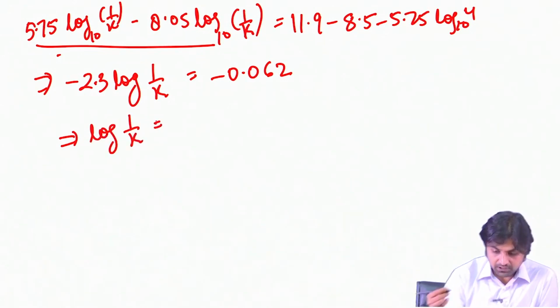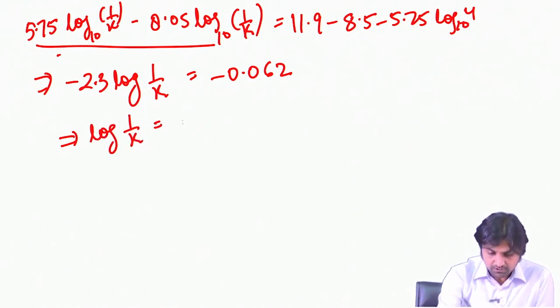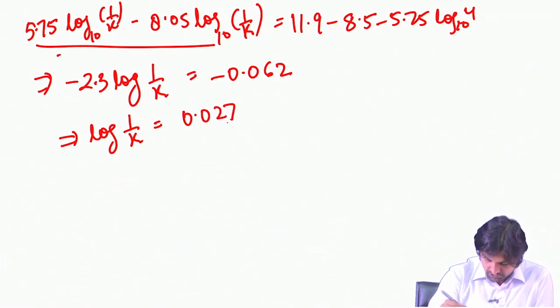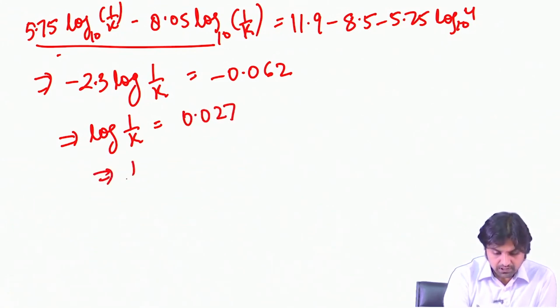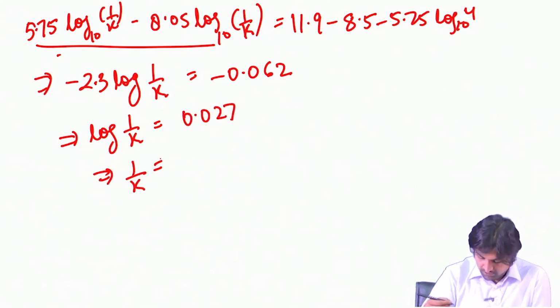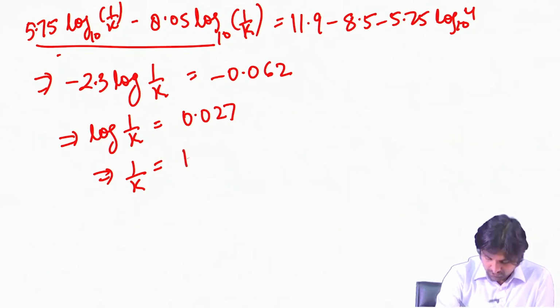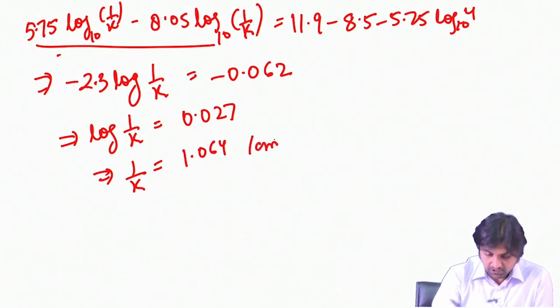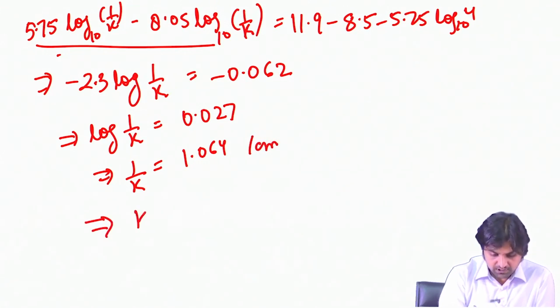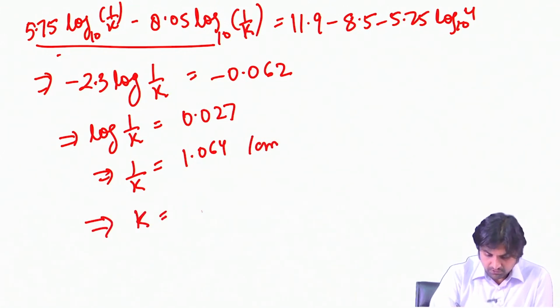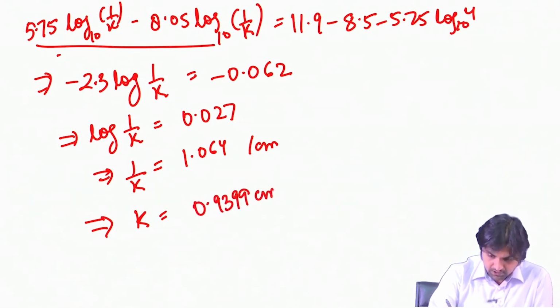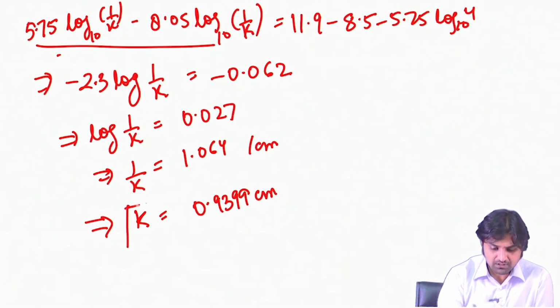log 1 by k is equal to 0.027, which implies 1 by k is equal to 1.064 per centimeter, which implies k is equal to 0.9399 centimeter.